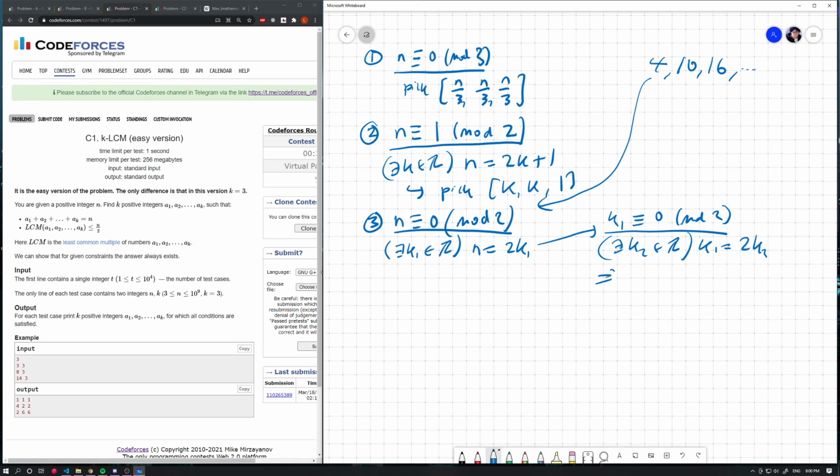But then that means n is equal to 4k2, and so then we can just pick 2k2, k2, and k2, where in this case k2 is equal to n over 4. And so n is equal to 0 mod 2 and k1 is equal to 0 mod 2. This just corresponds to n being 0 mod 4.